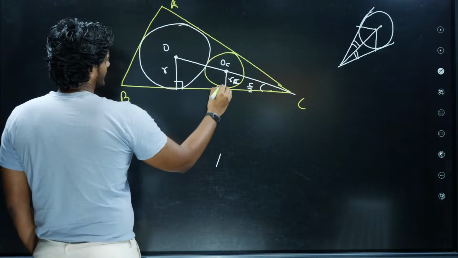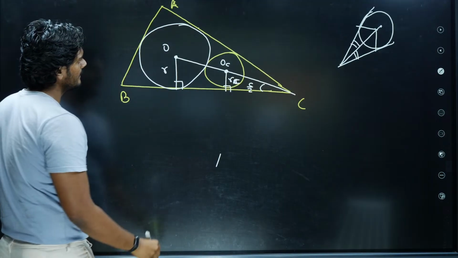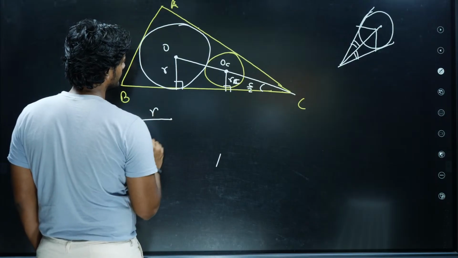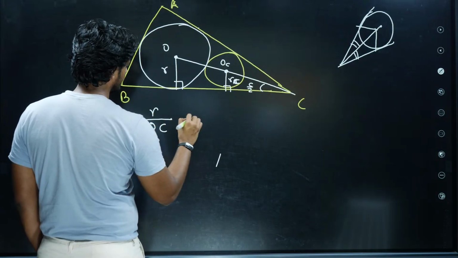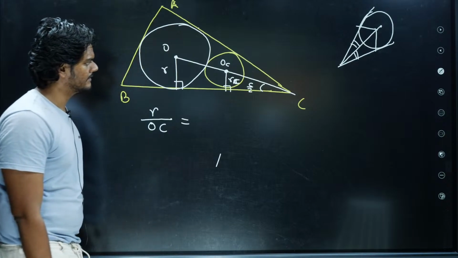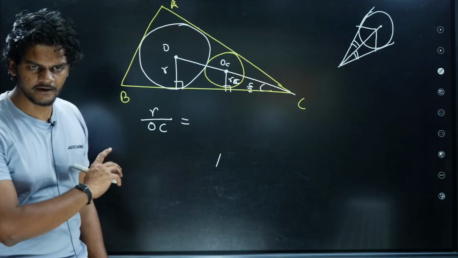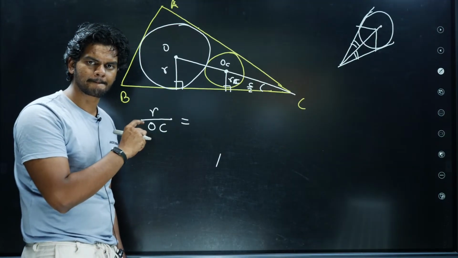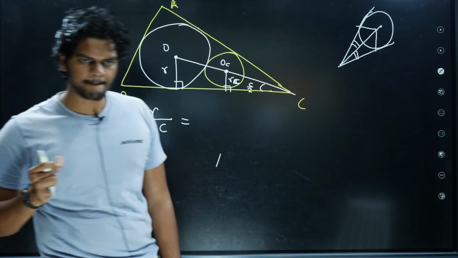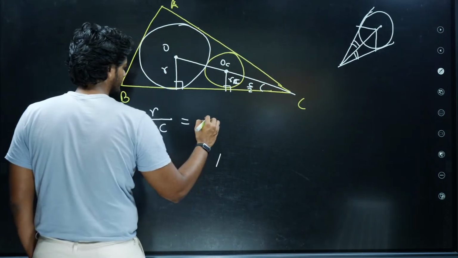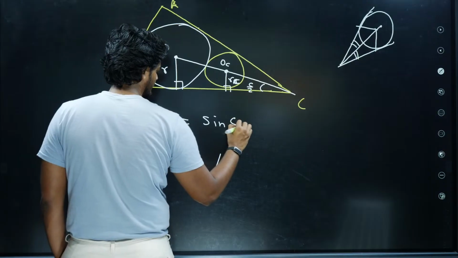Since this is 90 degrees, R by OC is what? I hope everyone knows this. R by OC is sine C by 2.